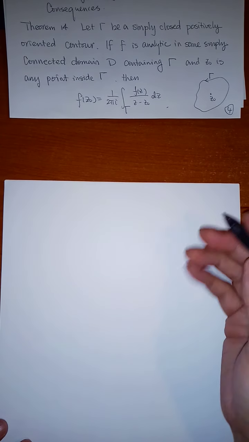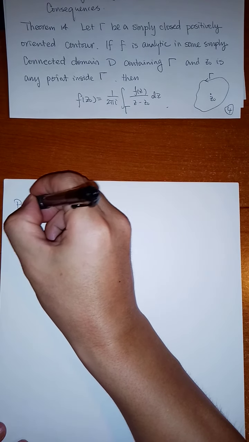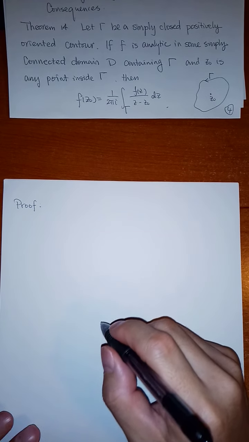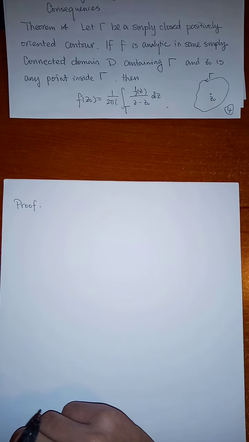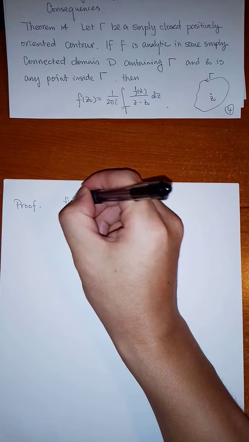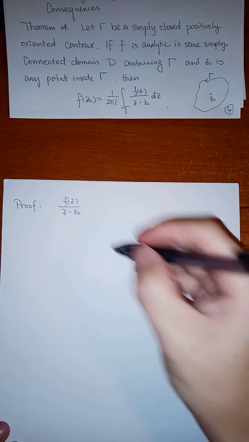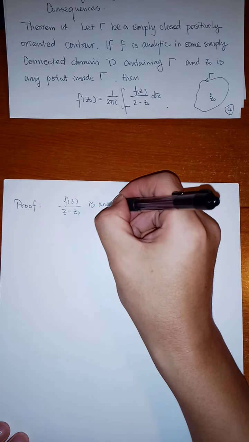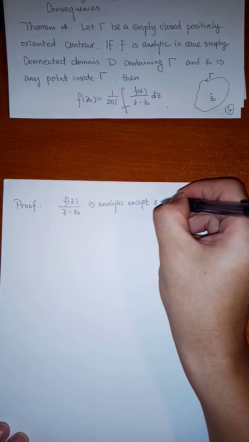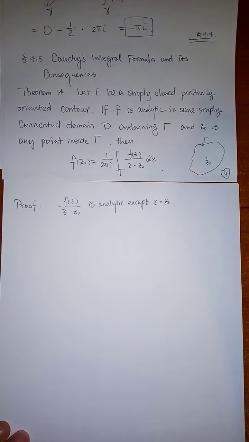Okay, now let's prove why this is true. So this function f of z over z minus z0 is analytic except z equal to z0. Let me draw it here also.